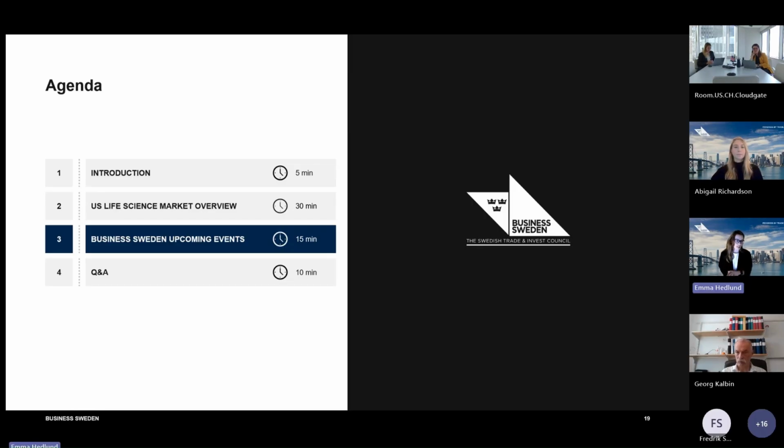So one event that we are planning is a US hospital visit on the East Coast. The aim of this hospital visit will be to discuss topics such as oncology, precision medicine, and use of AI. Another event that we are looking into and planning is an event in connection to the JP Morgan Healthcare Conference in January 2026.